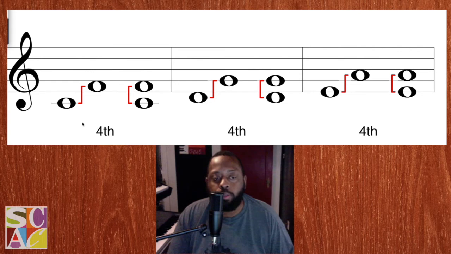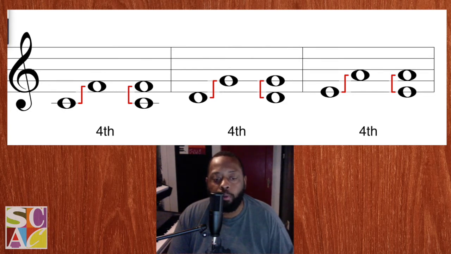The way you discover what the number means is you count from the starting note to the ending note, and that gives you the distance. So, for example, from C to F is a fourth. You're going to count C is 1, D is 2, E is a third, and F is a fourth. So from C to F is a fourth.